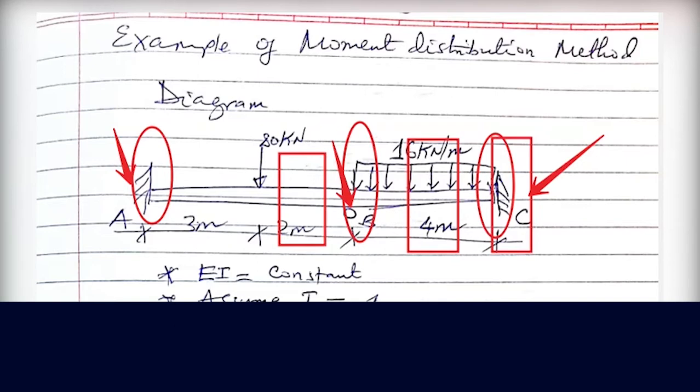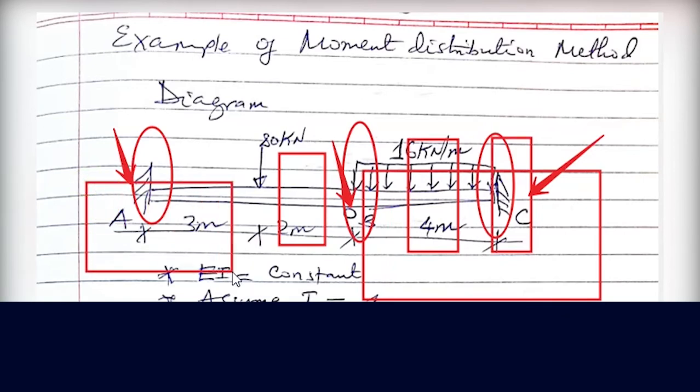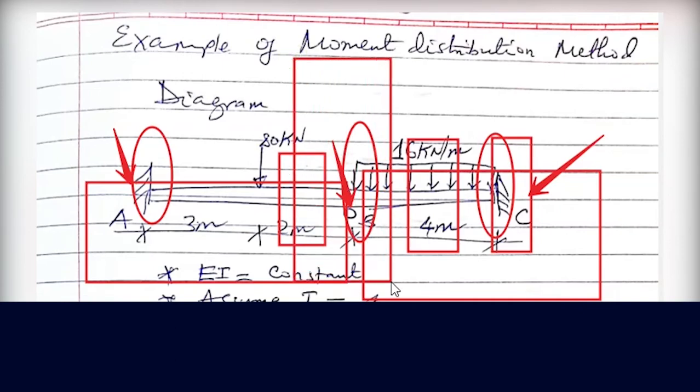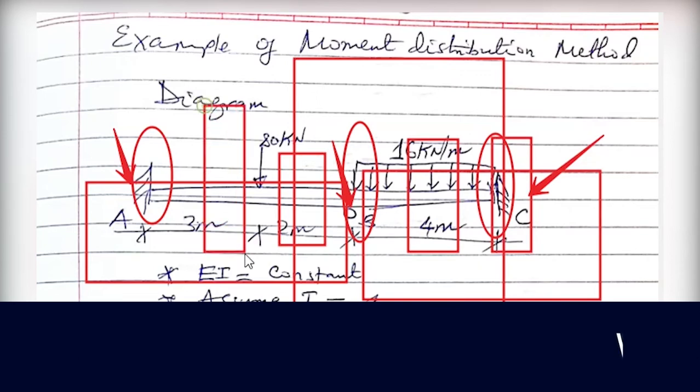It is a function of only one length, between B and C, and the same for joint A, which is a function of the length between A and B. Joint B is multiple: it has two members supported from one point.